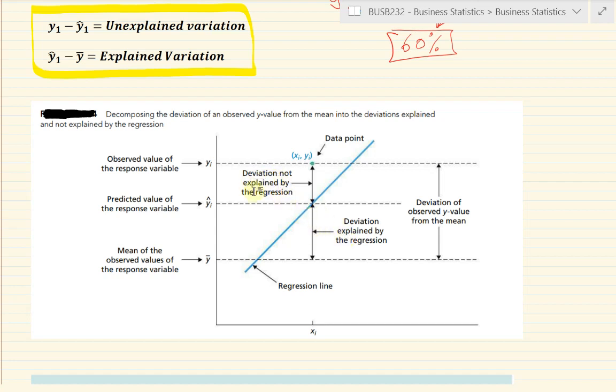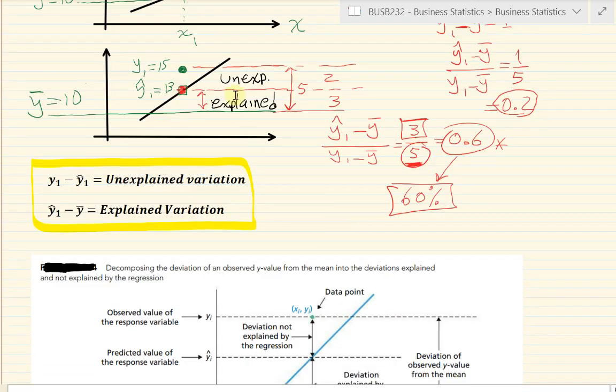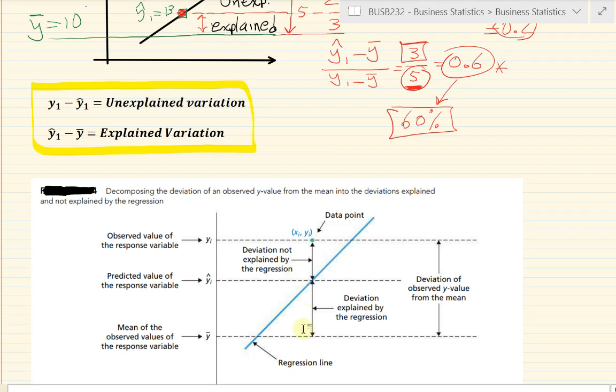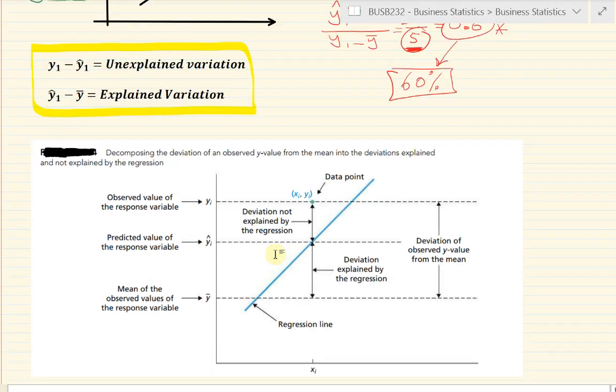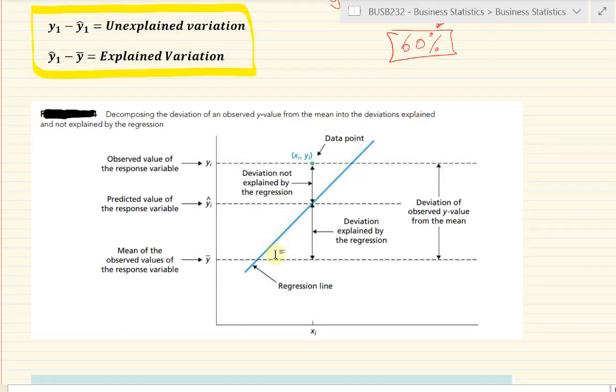Unexplained is right here, and this is explained variation, just like I have up here. Unexplained up there, explained, and there you go. So this is pretty much what I did, only drawn much better.